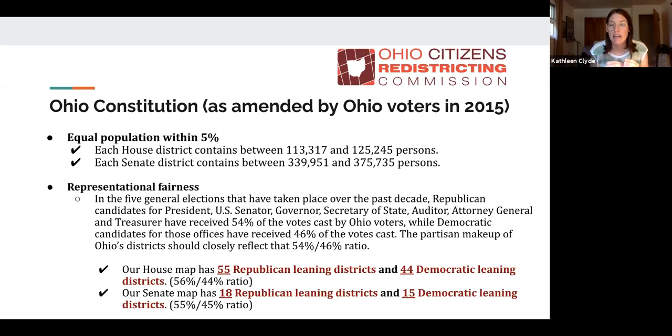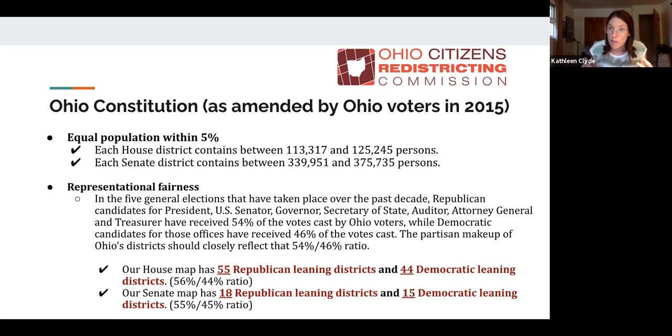Next up is the representational fairness requirement that is in the Ohio Constitution. This is such a key part to the reform as it was adopted in 2015. What the Constitution lays out is that the partisanship of Ohio's map overall should reflect the overall partisanship of Ohio voters.